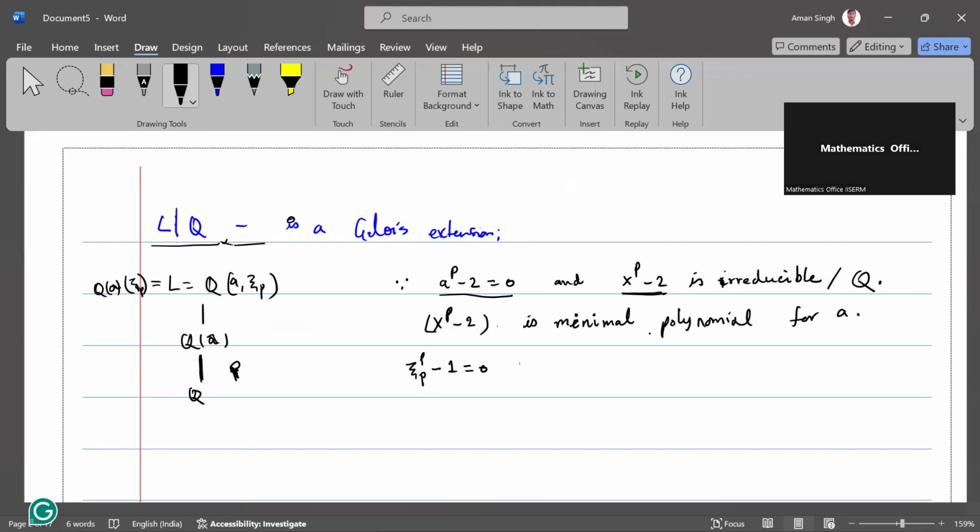From here we will get this equation, zeta power p minus 1 plus zeta power p minus 2, and so on, plus zeta plus 1. This also is equal to 0 because zeta p is not equal to 1, it is a primitive root of 1.